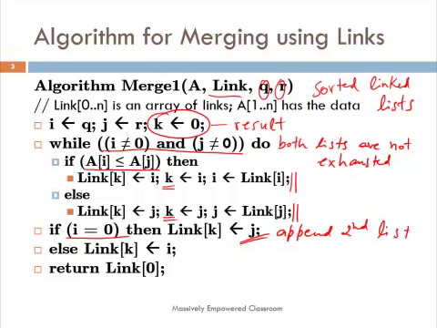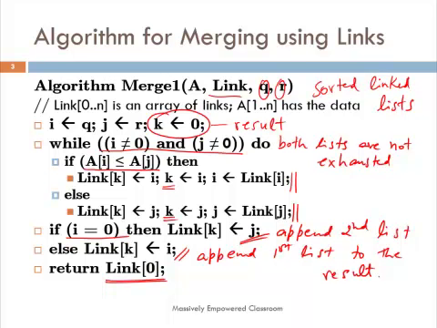In the other case where the second list is over, we append the first list to the result. And then in the end we return the starting pointer of the resulting link. So this is very similar to the merge algorithm that we saw in the regular merge sort. The only difference is instead of copying and moving data elements, it uses linked lists.